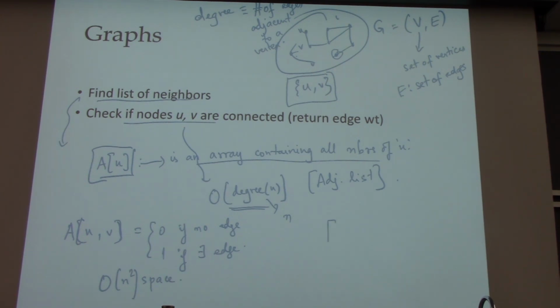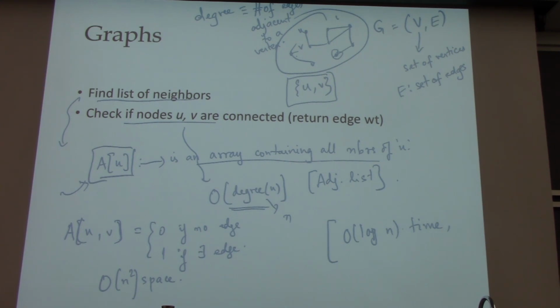So you can do all these operations in O of log n time. And so what's the space used for an adjacency matrix? No, not an adjacency matrix, for the adjacency list. Yeah, so it's just number of vertices plus number of edges, right?